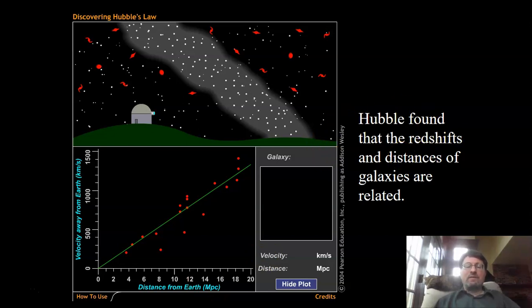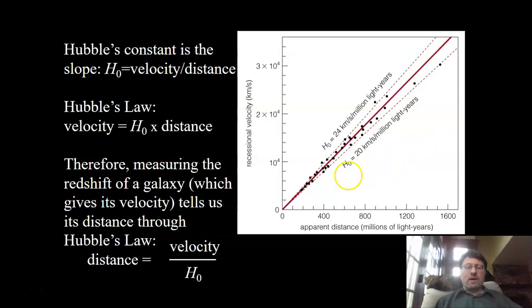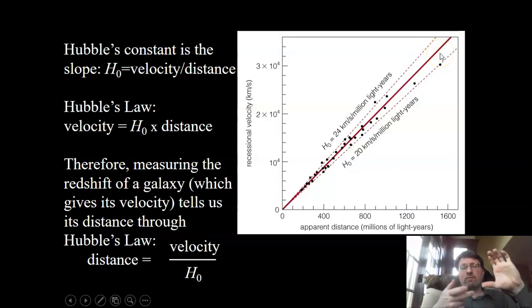So Hubble discovers here that the universe is expanding, and that the further away you look, the faster the object is moving. The slope of that line we're discussing is now called Hubble's constant. And remember how slopes are taken. They're rises over runs on a graph. And so in this case, the vertical axis is velocity.